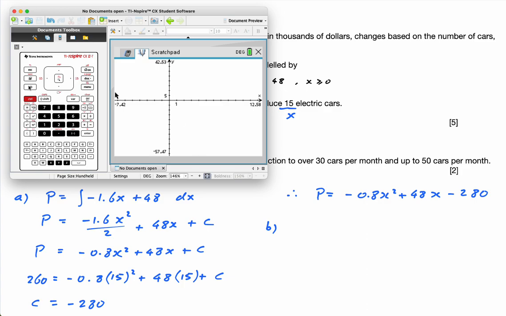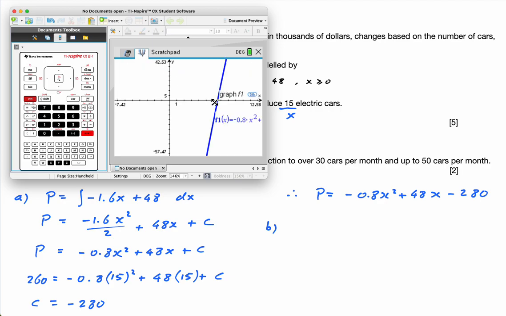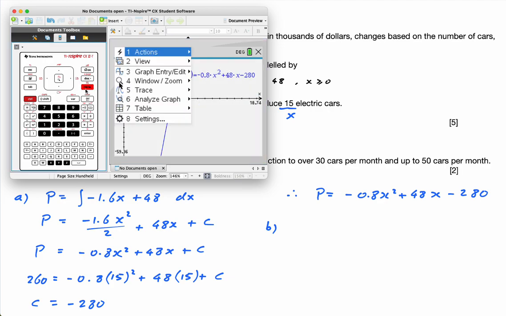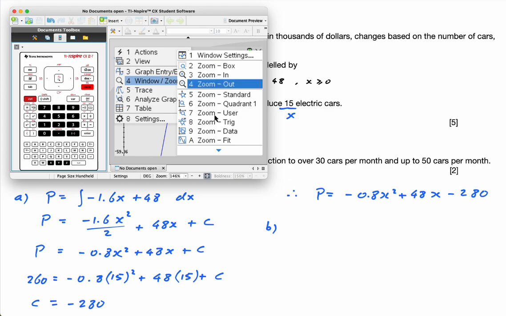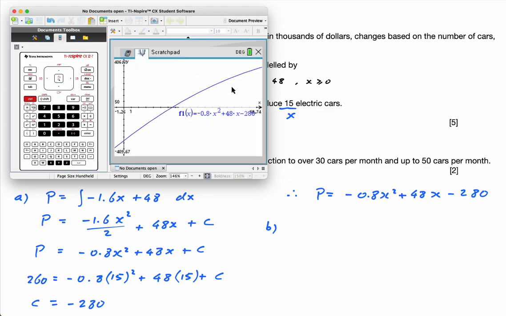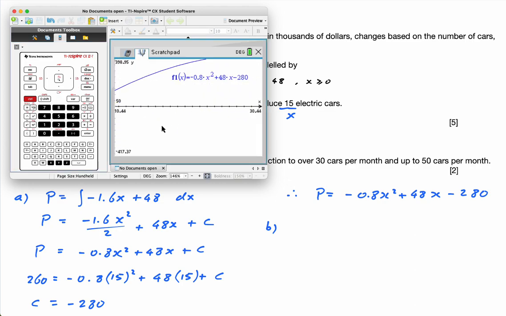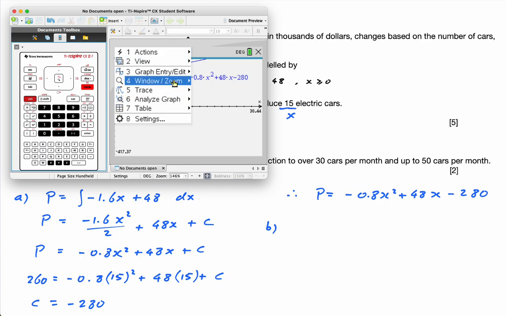Okay, I am going to graph this function here. So I'm going to do minus 0.8x squared plus 48x minus 280. So this is the profit function. Now let me try and zoom fit. Not too bad. Let's zoom out.